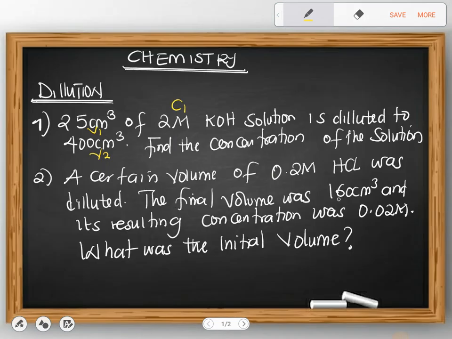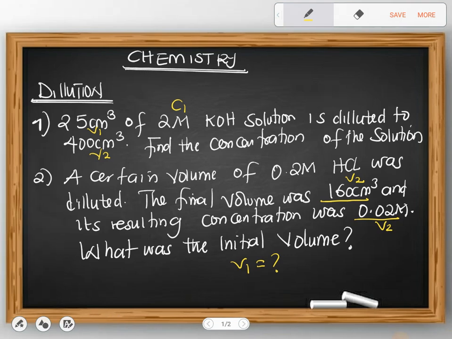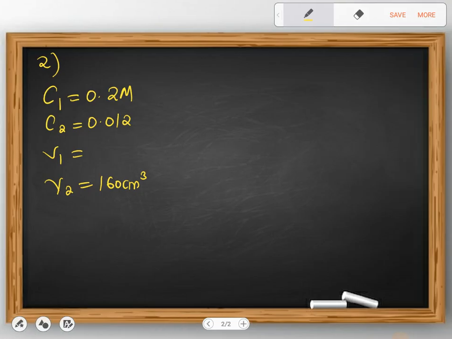The final volume, this is V2, and its resulting concentration was this one, C2. We are looking for the initial volume, V1, which we don't know. So V2 is 160 and C2 is 0.02. We are looking for that one.